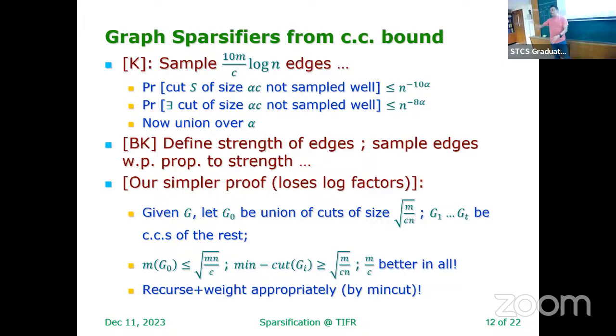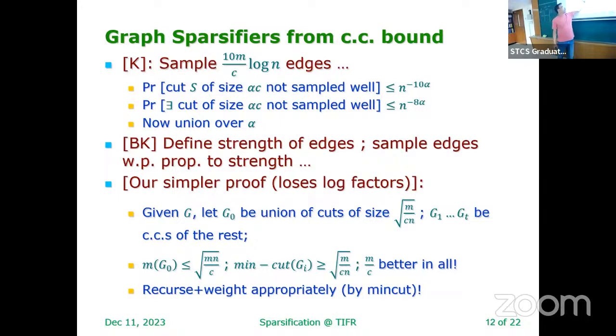G0 is the set of things that you removed, because each edge was participating in a cut of size at most square root of n. How many edges did we have in G0? Well, each time I remove square root of n edges, I've increased the number of connected components by one. I can't do this more than n times.